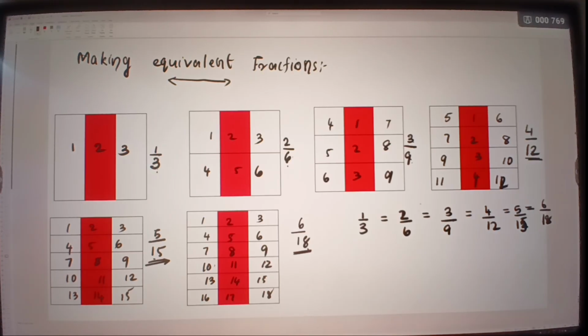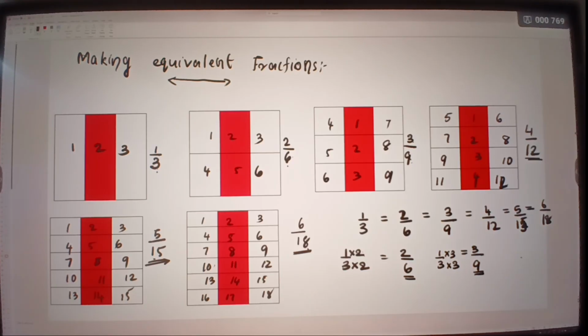That means all these fractions are equivalent. So how do you get an equivalent fraction? From 1/3, how do you get 2/6? If you multiply the numerator and denominator by the same number, you will get an equivalent fraction. If you multiply 1/3, both numerator and denominator, by 3, you will get 3/9.